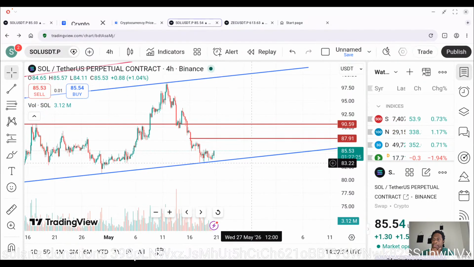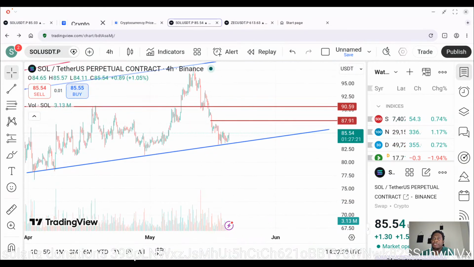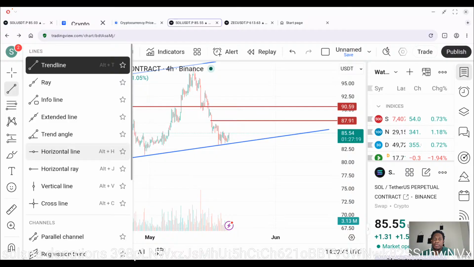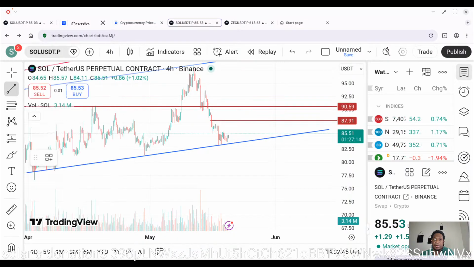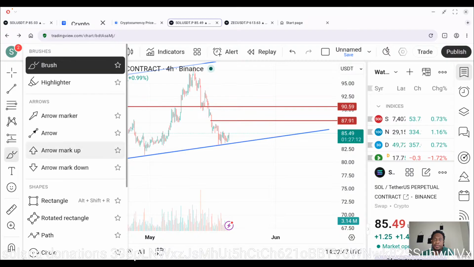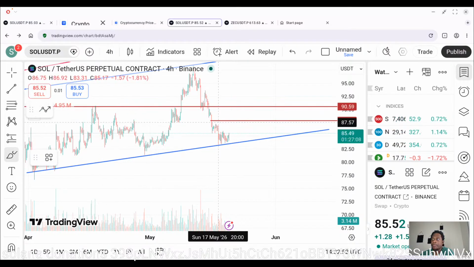If you remember what we discussed in the morning session, we were expecting price to do something similar to this. Let's see if we could pull that up.